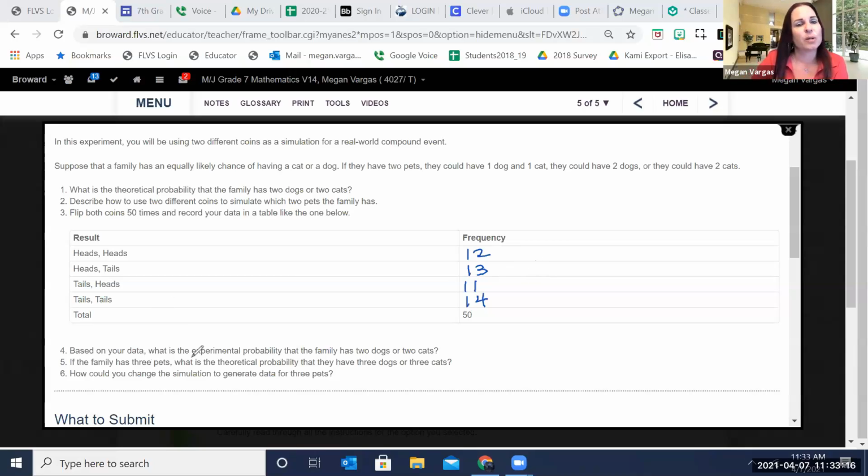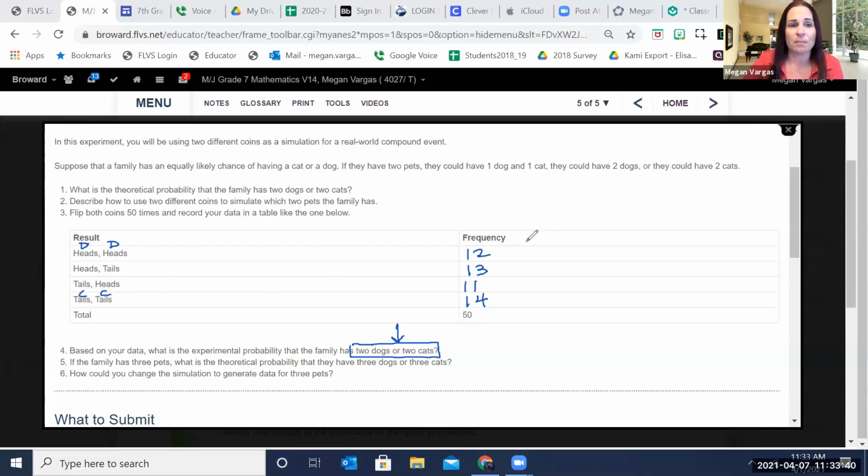Based on your data, what's the experimental probability that the family has 2 dogs or 2 cats? There's that or, right? 2 dogs or 2 cats means that I consider both of those outcomes as favorable. So let's say that heads is dogs and tails is cats.